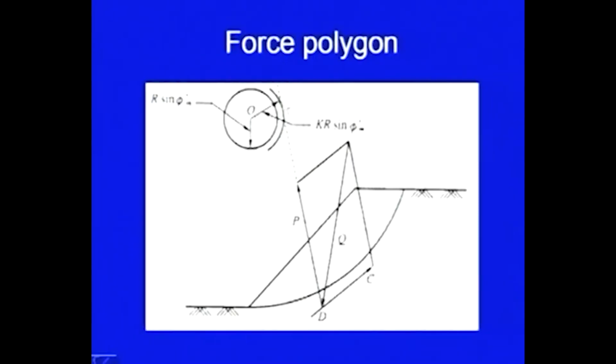Now, when you are able to draw this circle, the resultant P has to pass tangentially to this circle. The line of action of C is known to us, Q was known to us. So we can draw this polygon, and once it is drawn, you can find the magnitude of P and also the magnitude of C. So this was the basic concept.